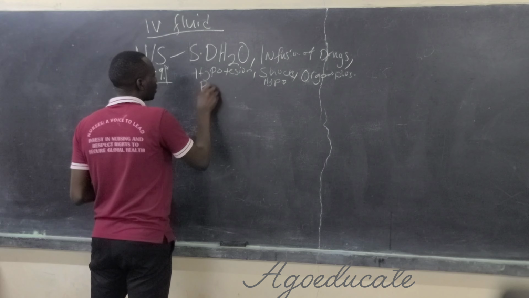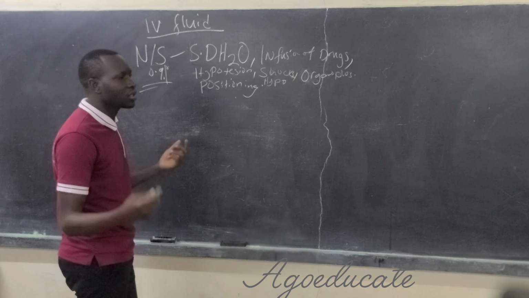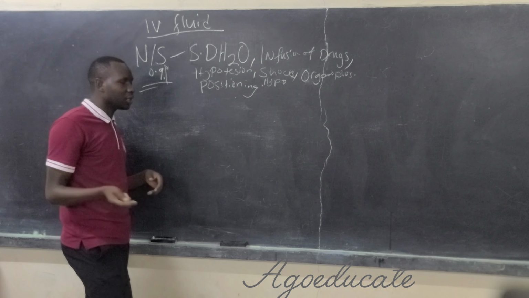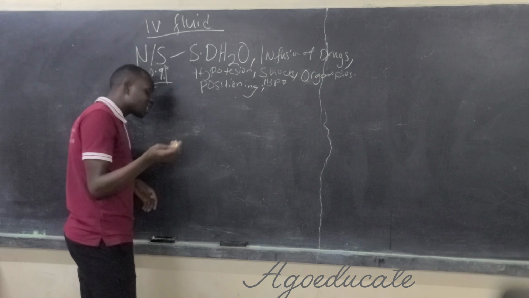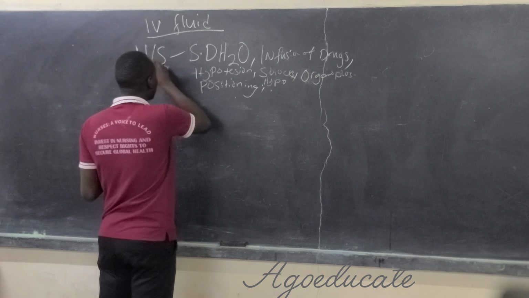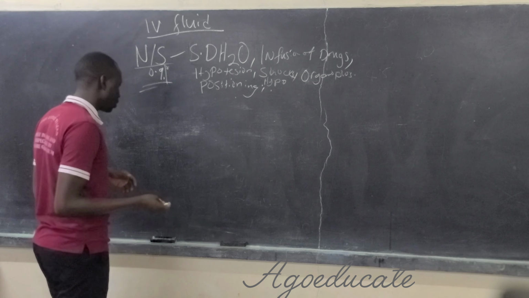Also in poisoning, it dilutes the poison so it is easily excreted through the kidney. It is also used in theater during operation, where they give normal saline to maintain good circulation.